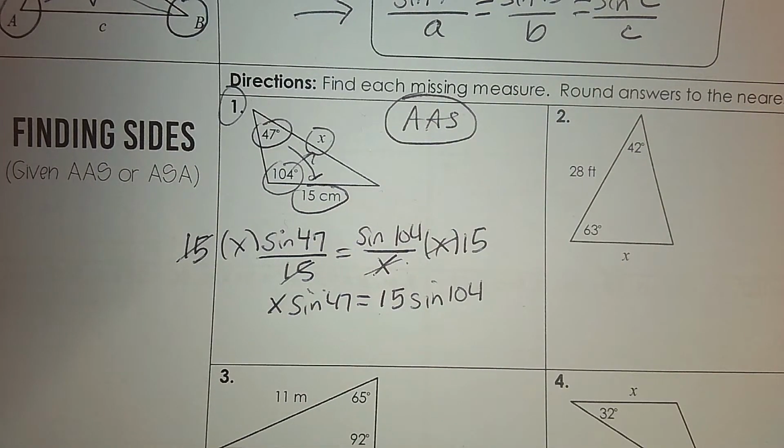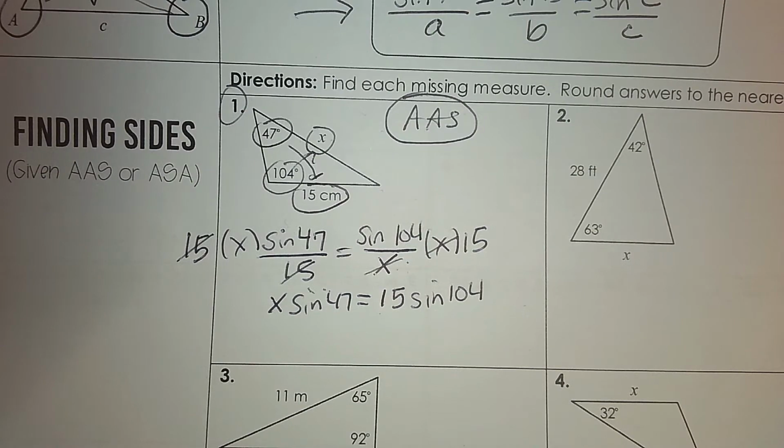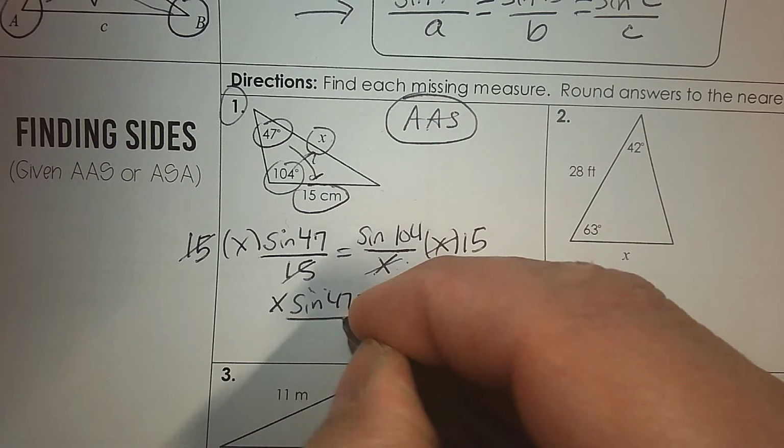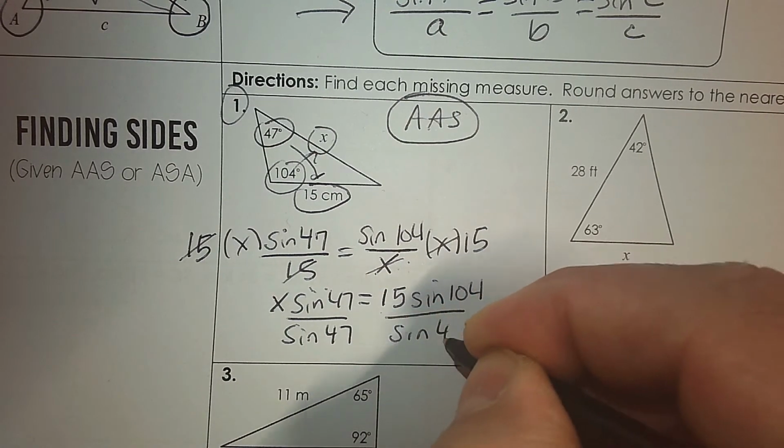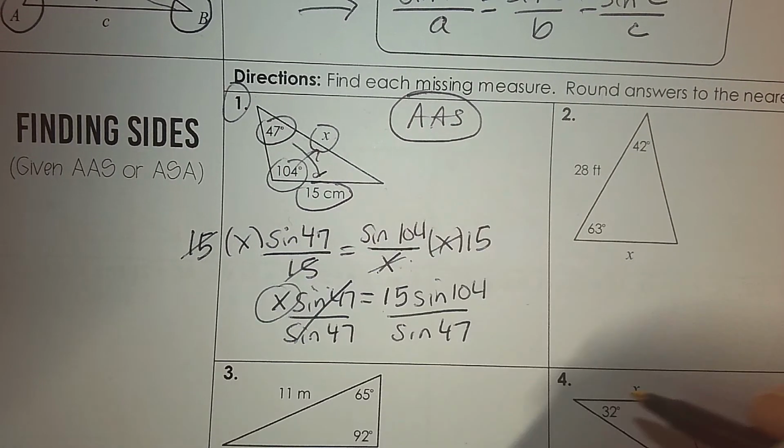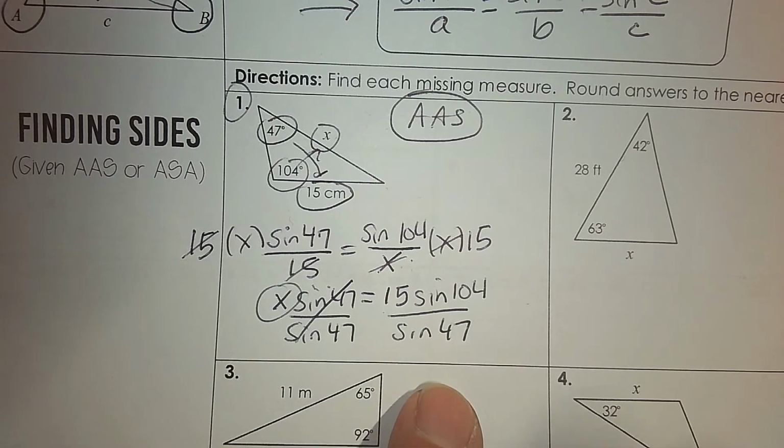What's the last step to get x by itself? So we're going to divide by sine 47. Now x is by itself. Now we use our calculator, and it's over.